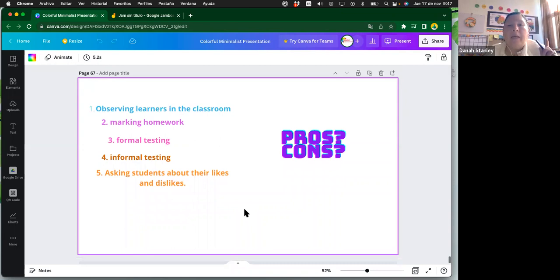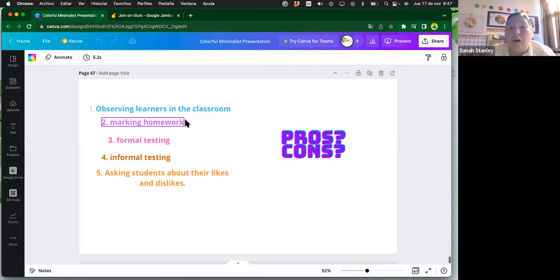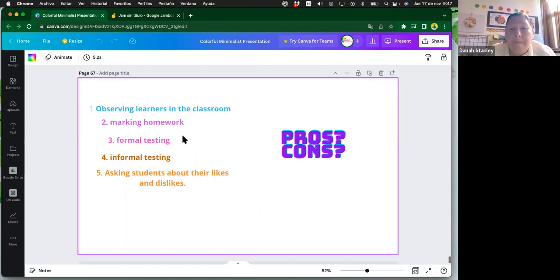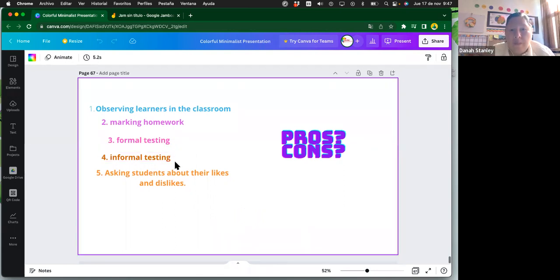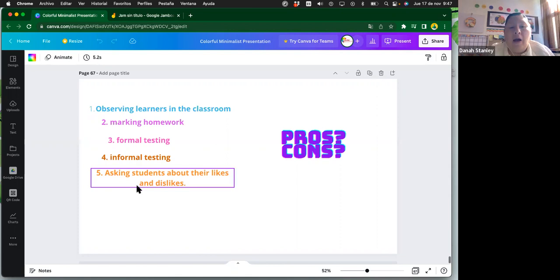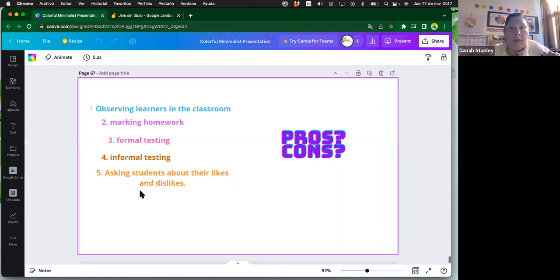Okay. Here I have some types of evaluation activities that I can have in my classroom for evaluating. I have observing learners in the classroom, making homework, formal testing, remember exams and quizzes, informal testing, exercises, the observation in the class, participation only.